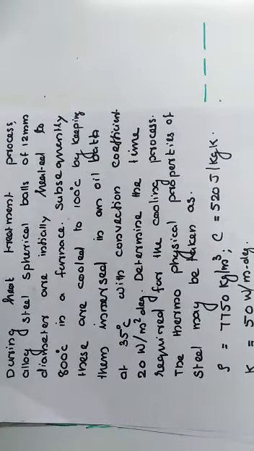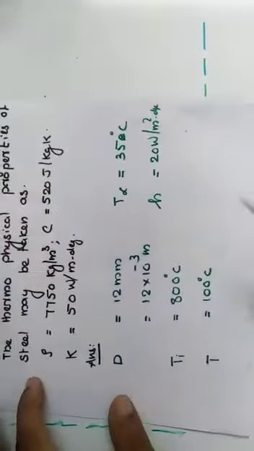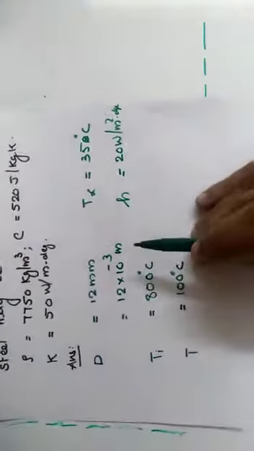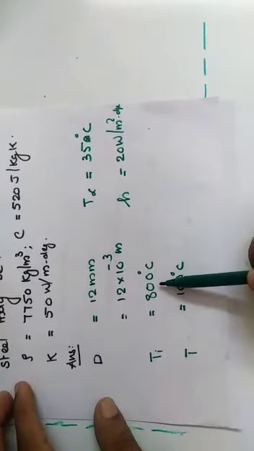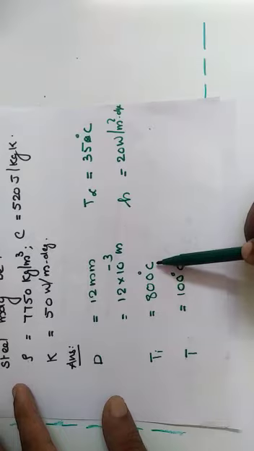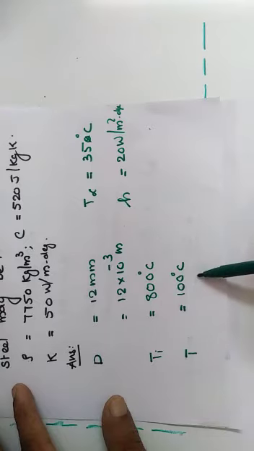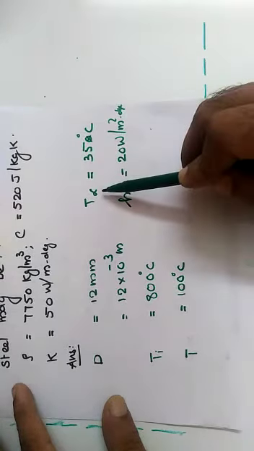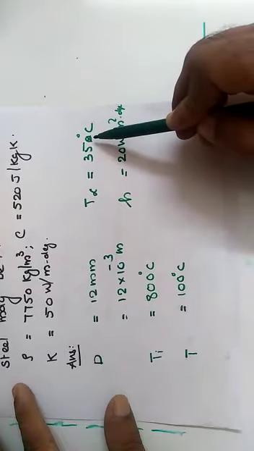Here steel balls at an initial temperature of 800 degrees Celsius is given. We have to bring down the temperature from 800 degrees Celsius to 100 degrees Celsius by keeping it in an environment of 35 degrees Celsius.